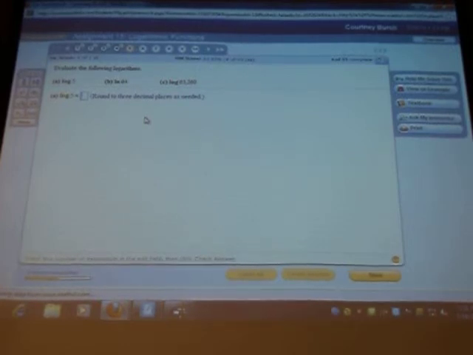Number 5. I just said we can't do this on the calculator. What if they don't give me a subscript? You don't use e. You only use e if you see ln.